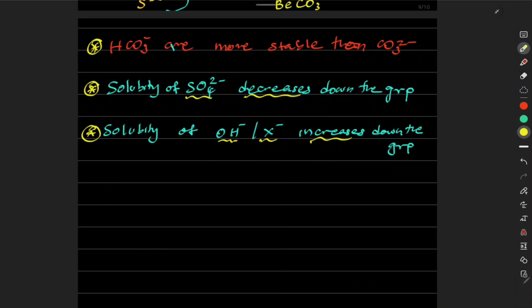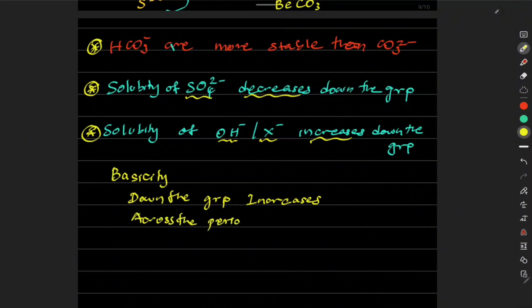And we'll talk about basicity. Basicity increases down the group. Across the period, basicity decreases.